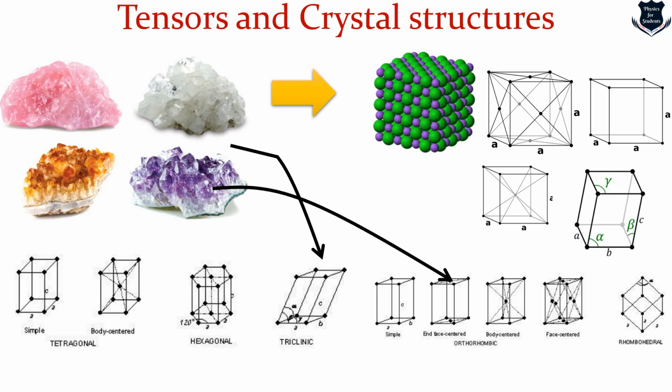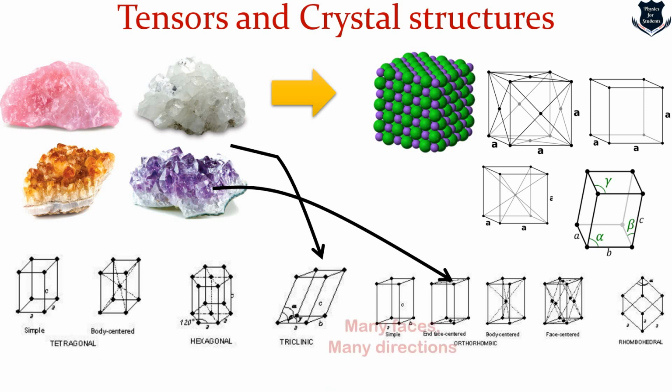So all these structures which you can see right now on the screen actually contain different magnitudes. It cannot be defined by vectors. Why? Because it not only has a magnitude and direction, but it also has different planes, different sides, and that is why tensors are used.